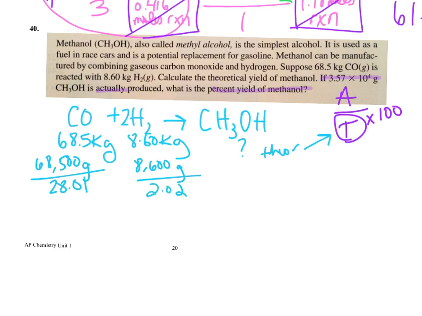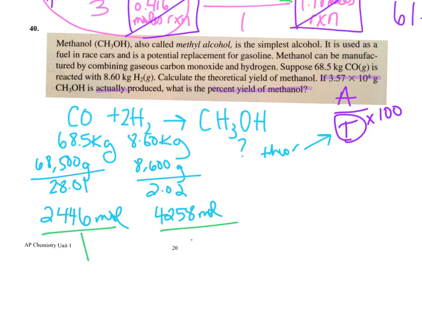And when I do that, I get moles of 2446. Then when I figure out how many moles of hydrogen I have, that comes out to be 4258 moles of hydrogen.